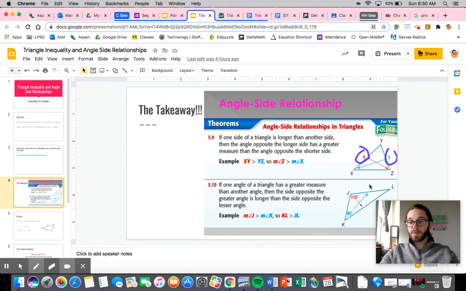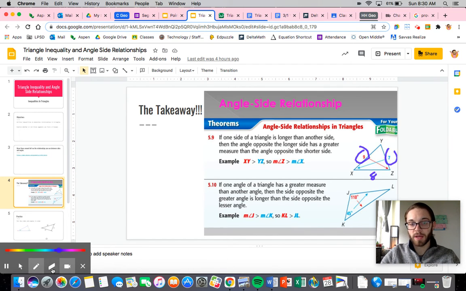We can use this to put the sides of a triangle in order. Let's say this one was 8. Clearly, this would be bigger than this one, but it's smaller than this one, so you would end up getting it in the middle. So you can use it to get the ordering of them all.